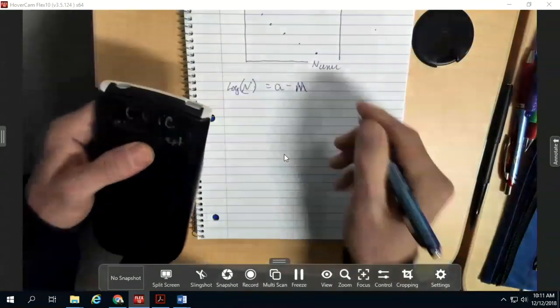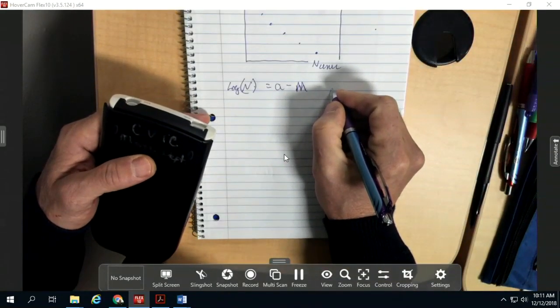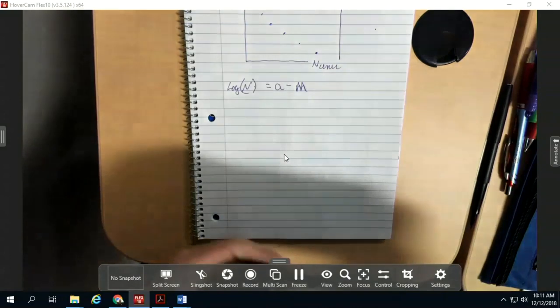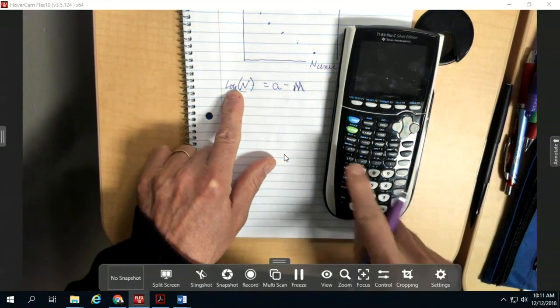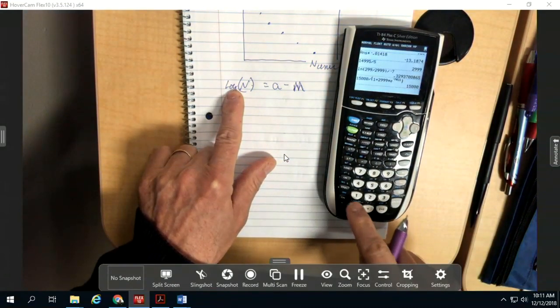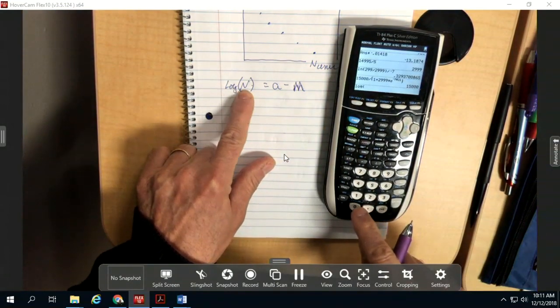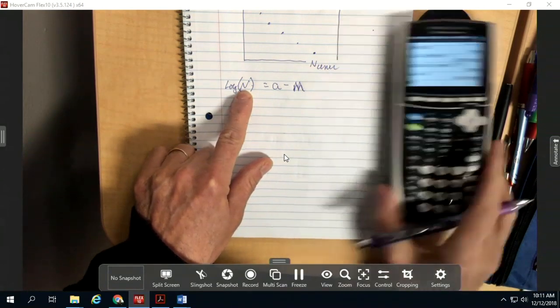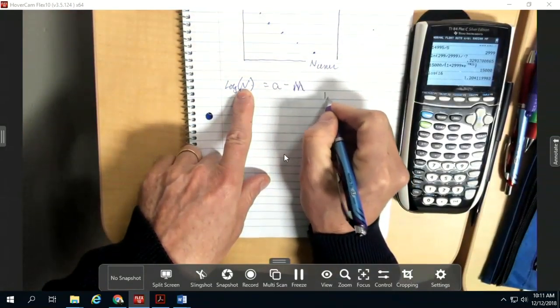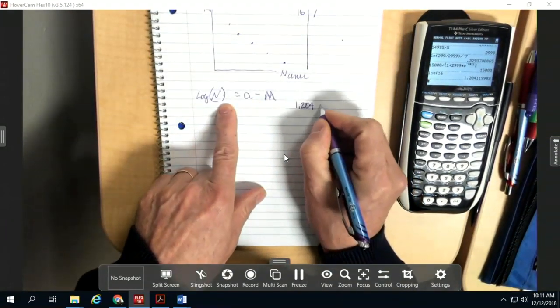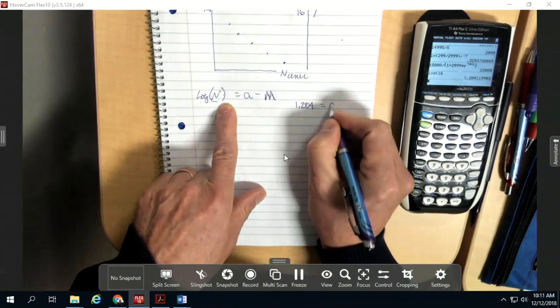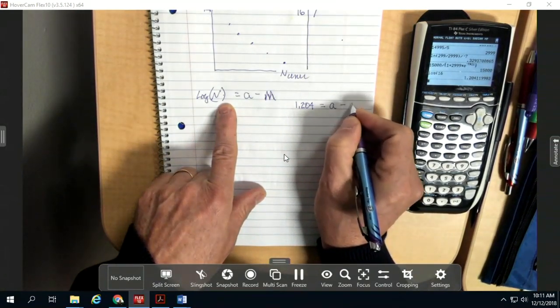Well, in this case, it says that if N is 16, so we would say the log of 16, which is 1.204, is equal to some number minus 7.